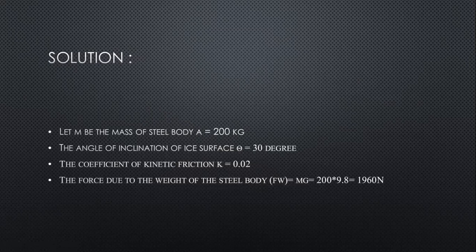The force due to the weight of the steel body is m into g, where m is the mass of the body and g is the acceleration due to gravity: 200 into 9.8. So you will get 1960 Newton, the force due to the weight of the steel body, Fw.